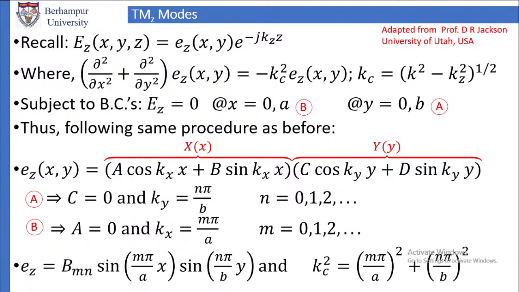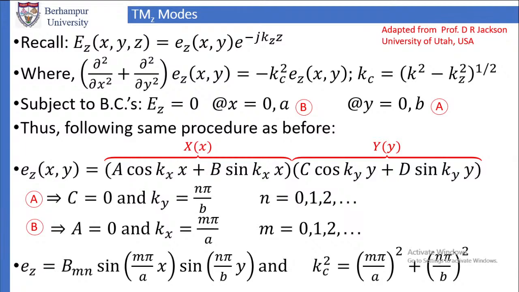So Ez is equal to Bmn. In the TE case we had taken Amn, so here we will consider it as Bmn, where Bmn is B into D. So Bmn sine m pi by a x into sine n pi by b y, and kc square is equal to m pi by a whole square plus n pi by b whole square.